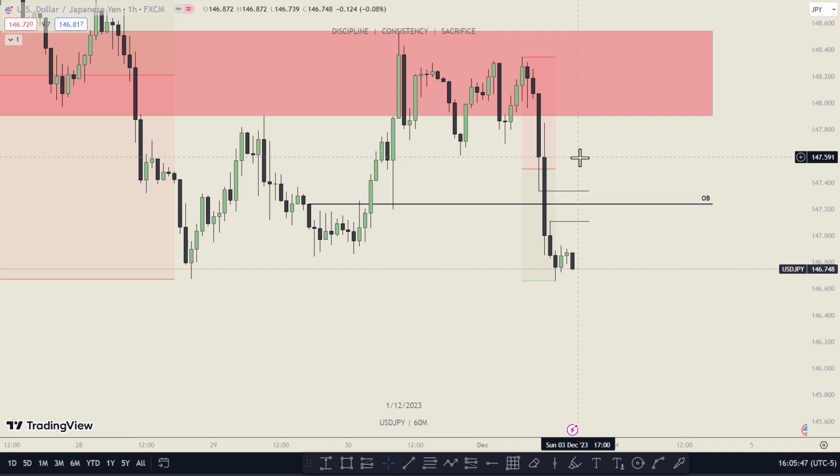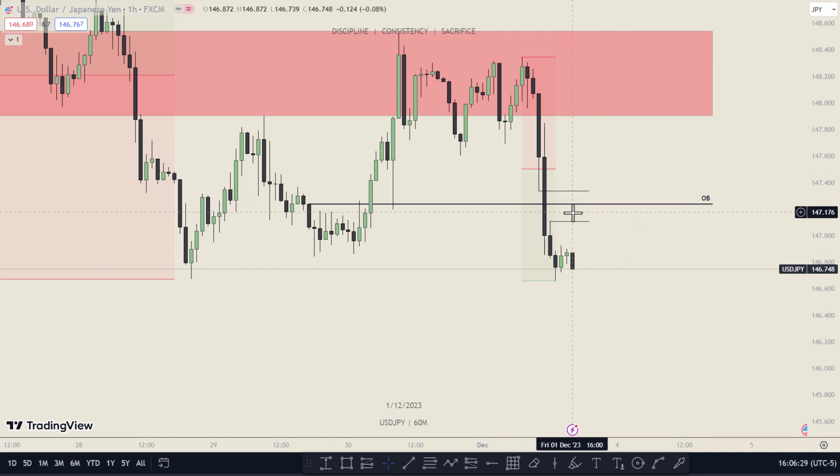Sometimes EU will retrace to premium and GU doesn't go to premium. So this is a type of SMT divergence. When two correlated pairs, one of them reaches discount or premium and the other one didn't, this is an SMT by itself, all right? So this is my point of interest, this fair value gap right here.